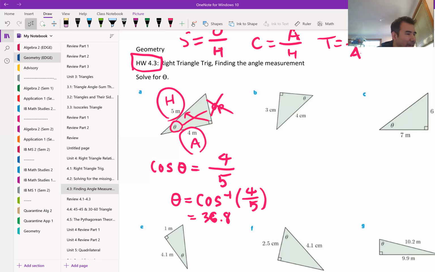Oh yeah, that's in radian mode. If I do the radian mode, I get 0.64. Is that what you're getting? Yeah, so that's in radian mode. So you need to be in degree mode.